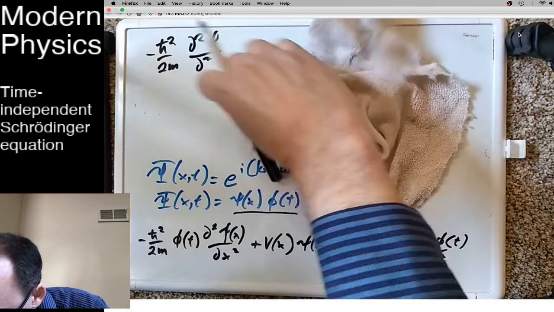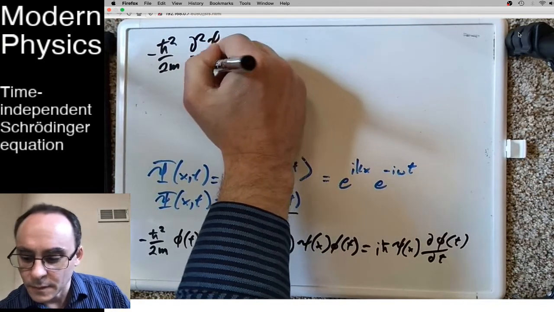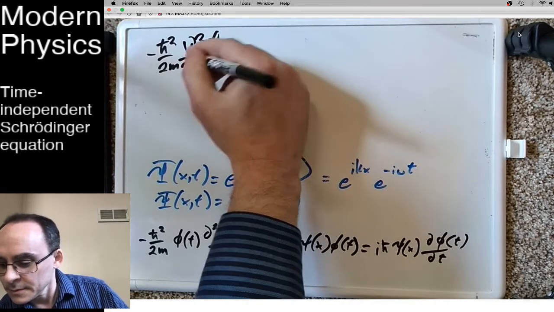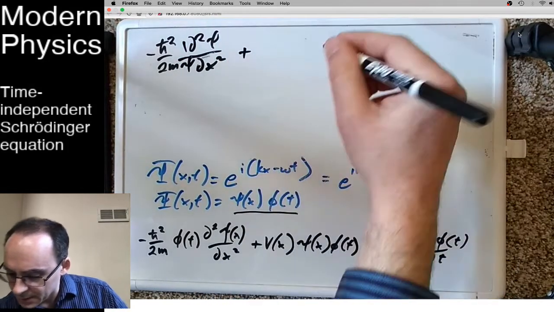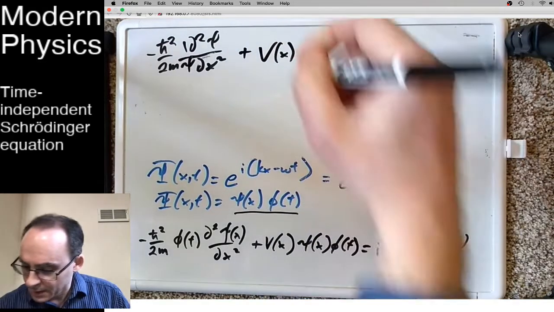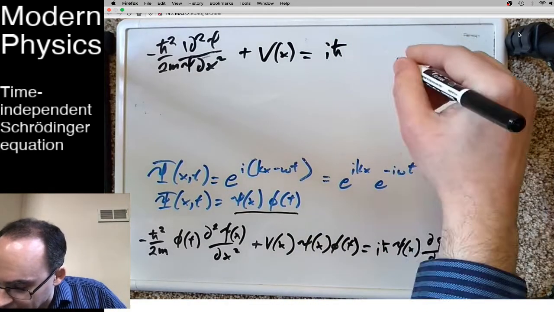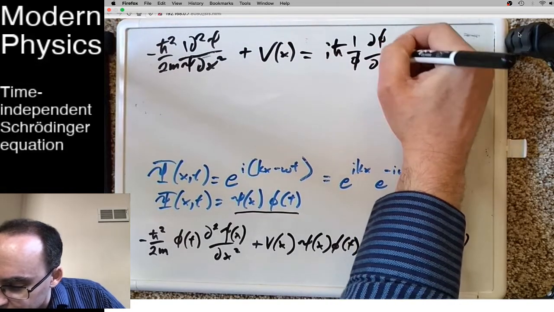Let me polish that. Dx squared, so I forgot my 1 over psi in there. Plus, when I divide the potential term, they both just cancel, so I just get V of x there. Then I have equals i h bar, and then I have 1 over phi d phi dt.